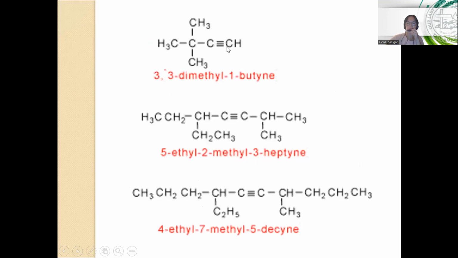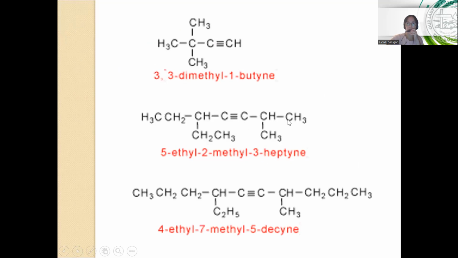Numbering will start on the presence of the triple bond. So this is 1, and then you will see 1, 2, 3. So there are 3,3-dimethyl-1-butyne. Next, 1, 2, 3.